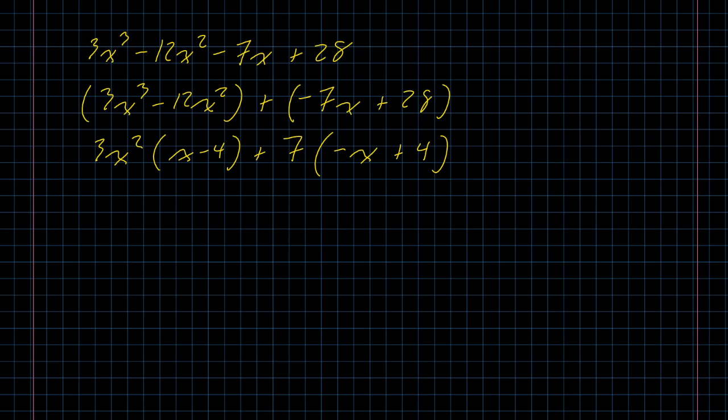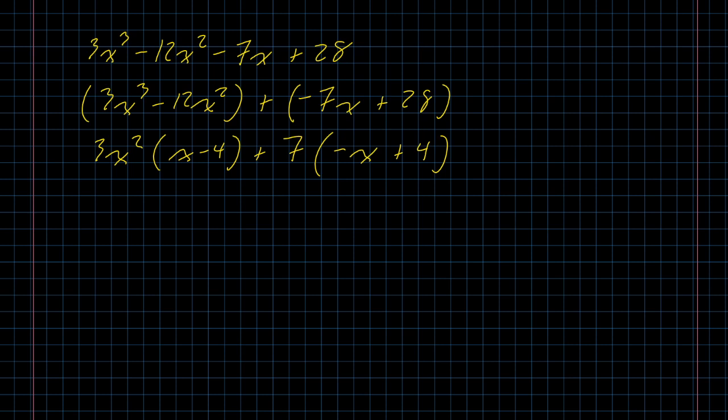Specifically, it's different by a negative sign. Right? If I multiplied negative x plus 4 through, distributing negative 1, I would get x minus 4.